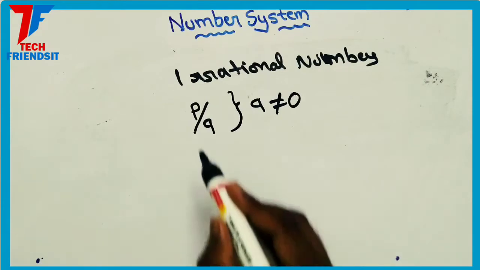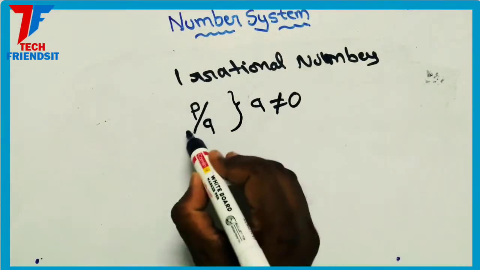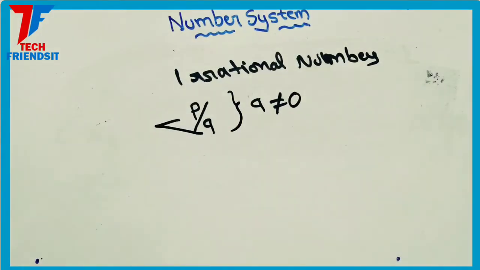The division is a never ending process. We cannot end this division, we cannot do the fraction for these numbers, it will not stop.